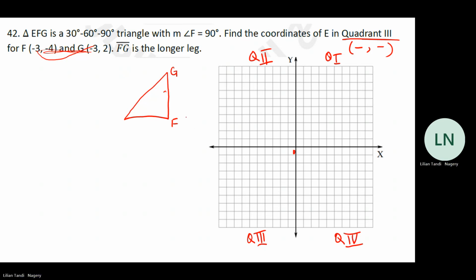Okay. (-3, -4) is here. 2, 3, 4. Okay? And then (-3, 2) is here. And this one is F and this one is G.